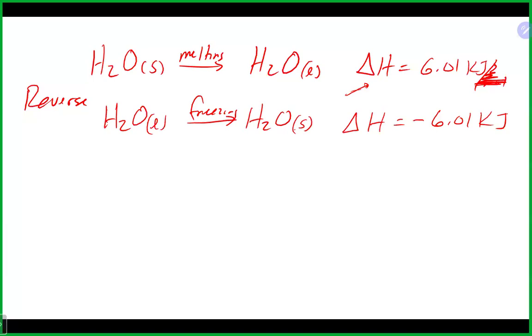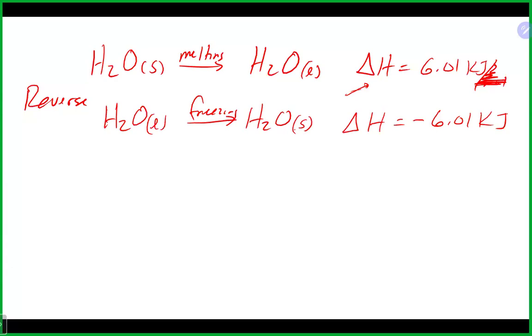And that's because if you think about how you calculate delta H, like we talked about, take your products minus your reactants, which means when you reverse the reaction, your products become your reactants, your reactants become your products. The number difference is the same, but the sign changes because of it. If we started with a negative value for delta H in the first one and we reversed it, it would become a positive value. So the sign just changes.